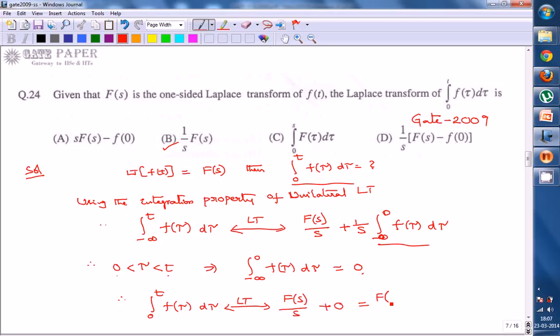Then the total Laplace transform of the integral from 0 to t of f(τ) dτ is equal to F(s) by s only. Then we'll get the answer B here, that is F(s) by s.